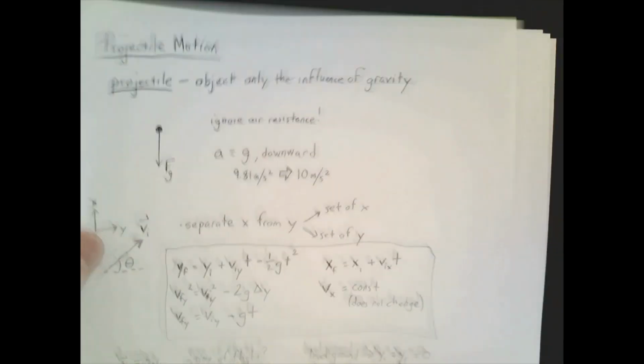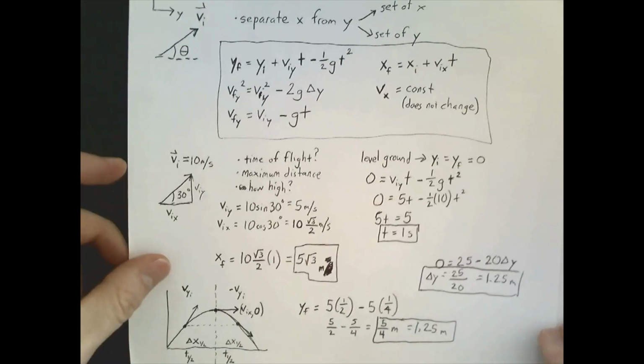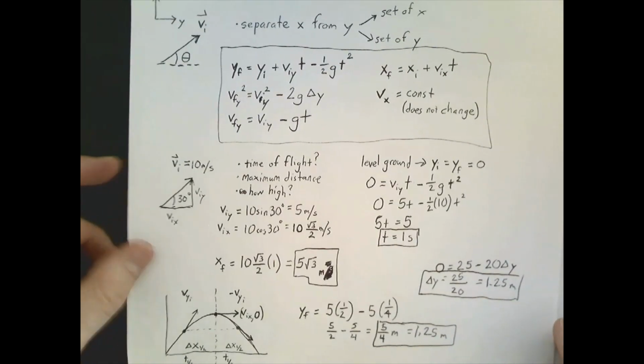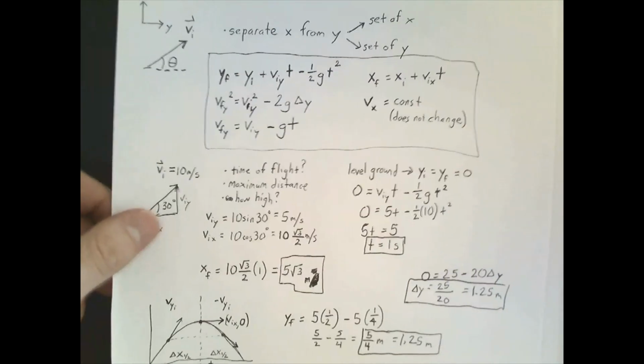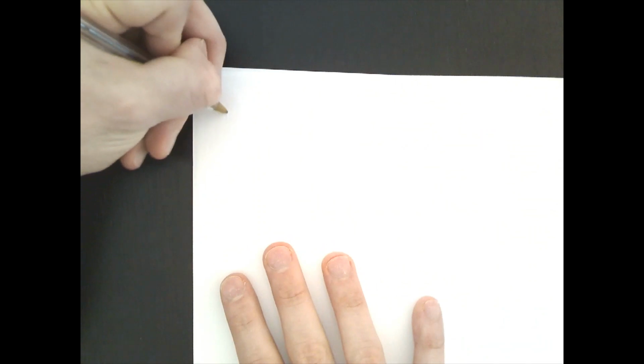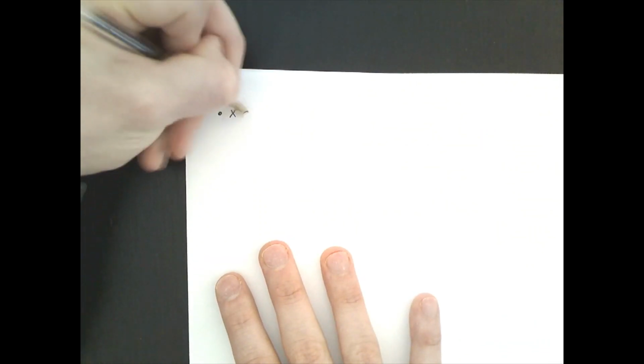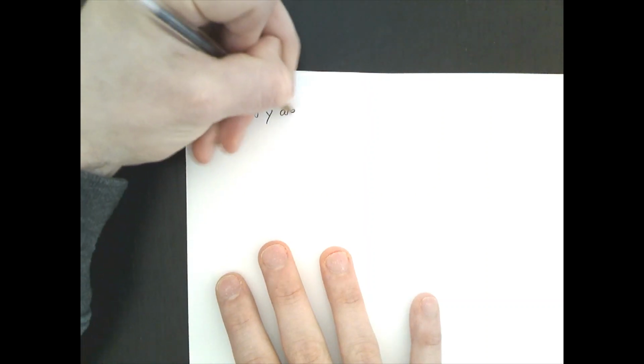So let's summarize the tricks we use so that we're aware of some of the things that we can draw upon for projectile motion problems. So we have trick number 1. X and Y are connected by time.